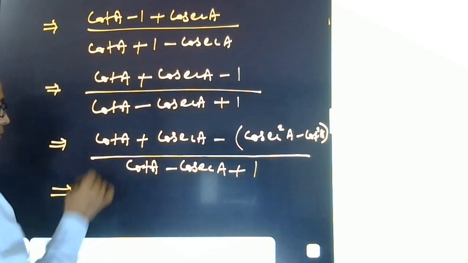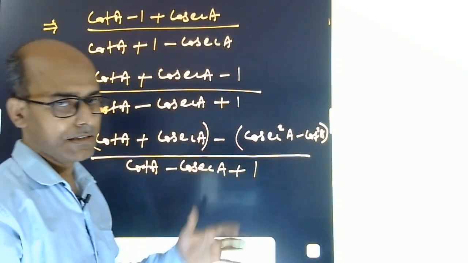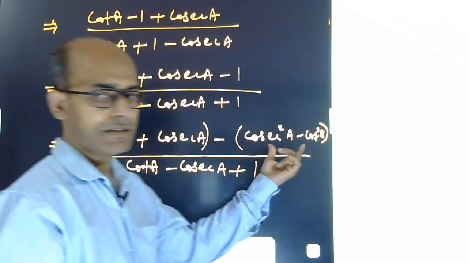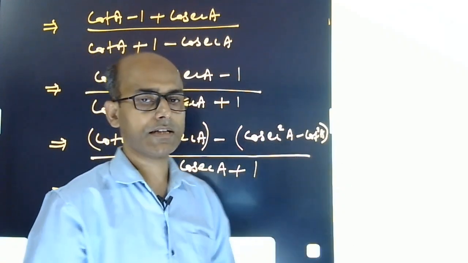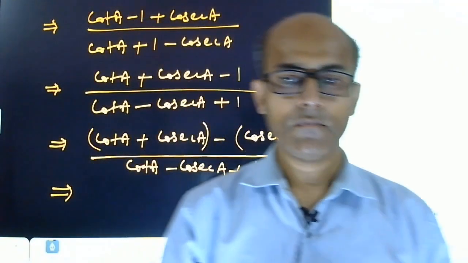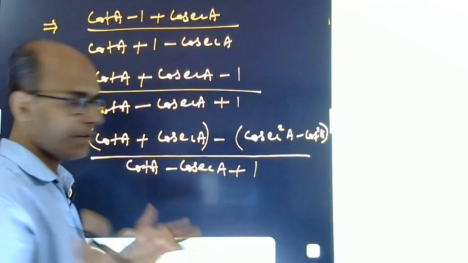Again, we are required to take these two terms, cot a plus cosec a, in a bracket. It's very important because we have got another term, that is cosec square a minus cot square a. We are required to use the formula a square minus b square gives the value of a plus b into a minus b.